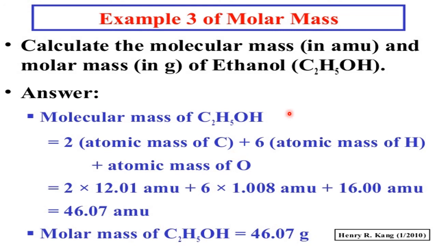Why 6 here? 5 are here, 1 is here. The total number of hydrogen in ethanol is 6. Therefore, he has taken 6 here. 6 into the atomic mass of hydrogen and the atomic mass of oxygen, because only one is there. So accordingly you multiply, then add. What is the final answer? The molar mass of ethanol is 46.07 gram.